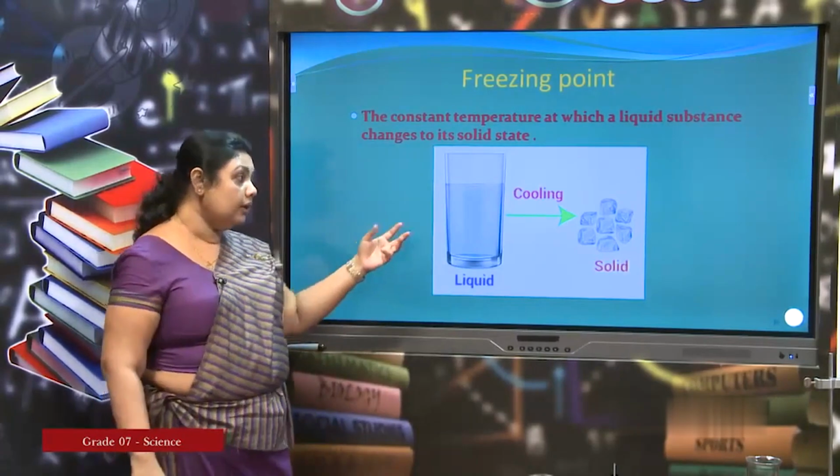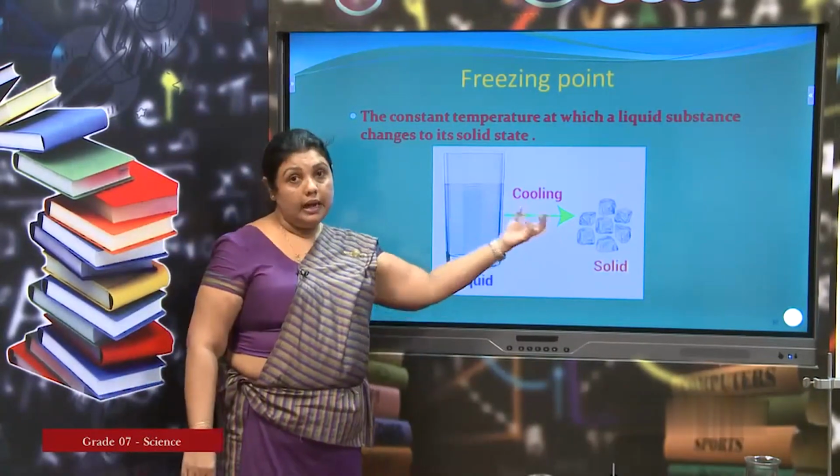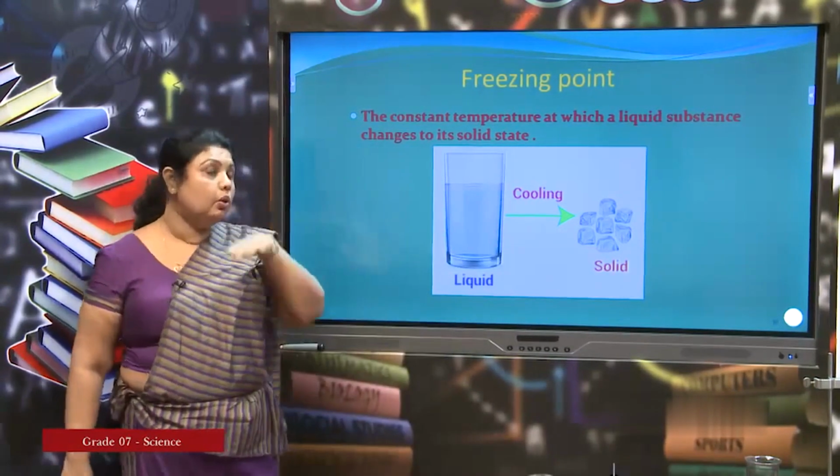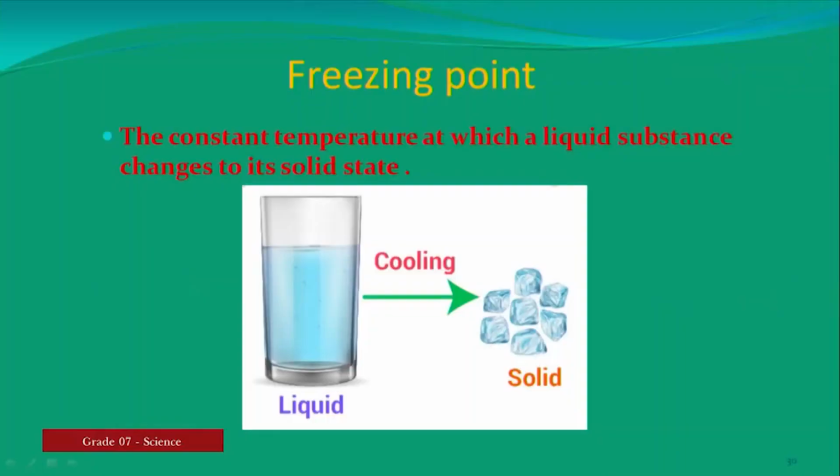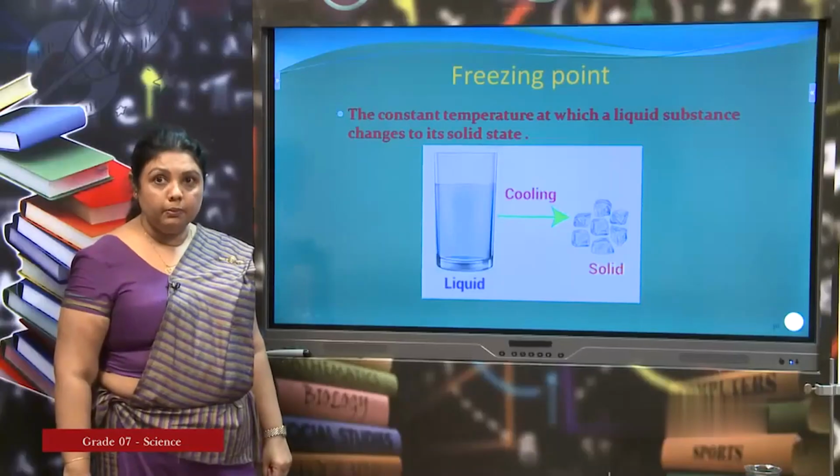So, if you want to make solid ice cubes, you have to keep it below that temperature. That is the freezing point: the constant temperature at which a liquid substance changes to its solid state. This is a liquid, this is a solid. Changing liquid to solid happens by cooling. That is called freezing or the freezing point.